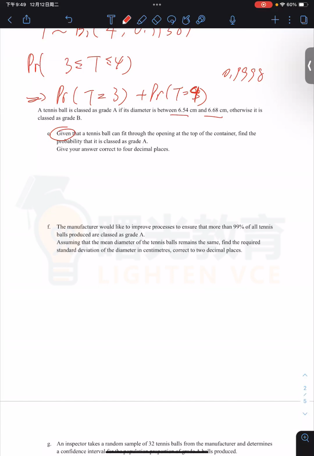So what is the probability we are looking for here? Look, what is the condition? The tennis ball can fit through the opening. So the condition would be the diameter is less than 6.95. That is the condition that the ball can go through, right? And then the question is looking for grade A, which means between 6.54 and 6.68.